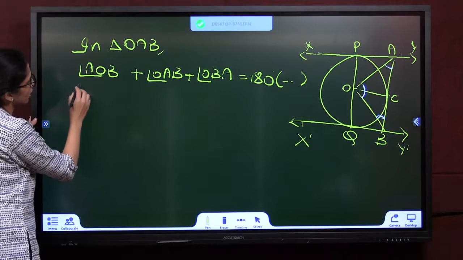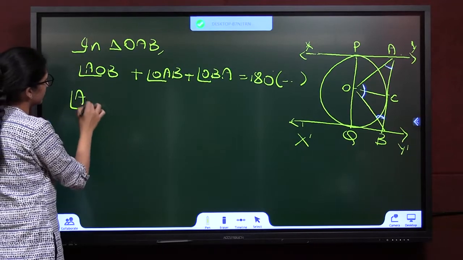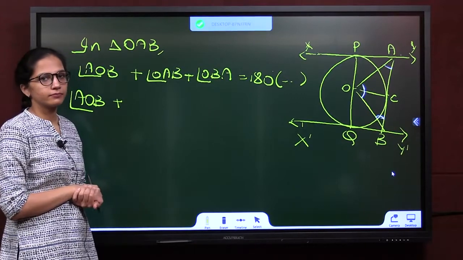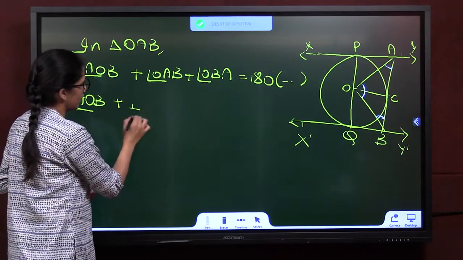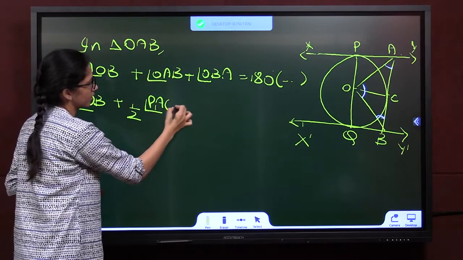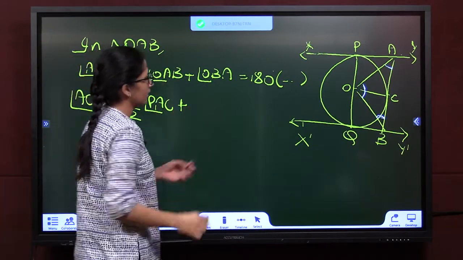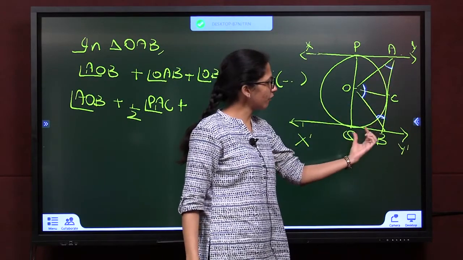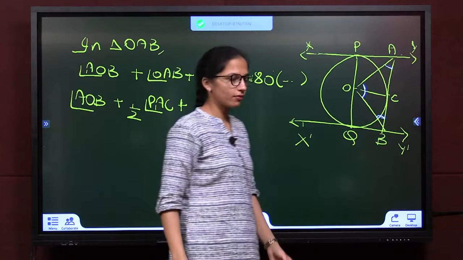Correct. So, can I write this as AOB plus half of PAC plus OBA can be written as half of QBC. Why?